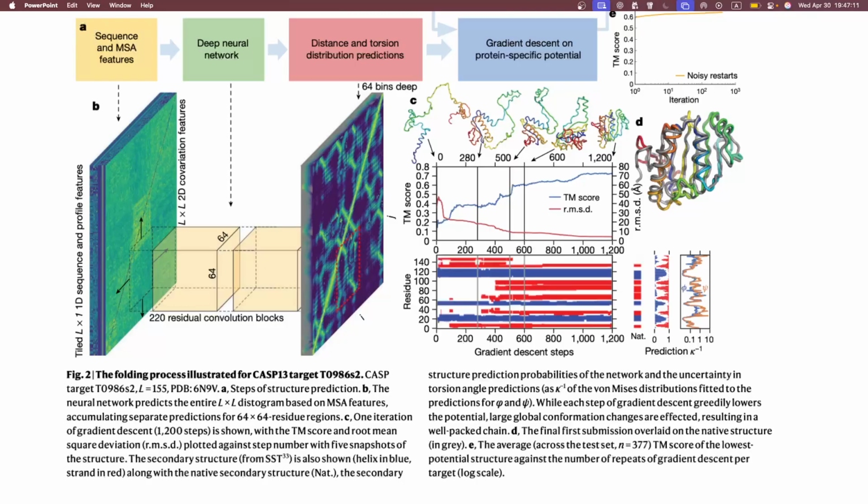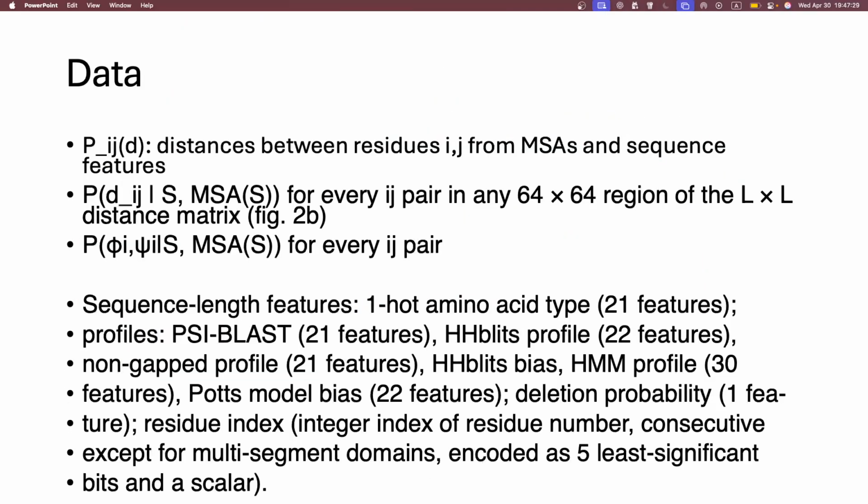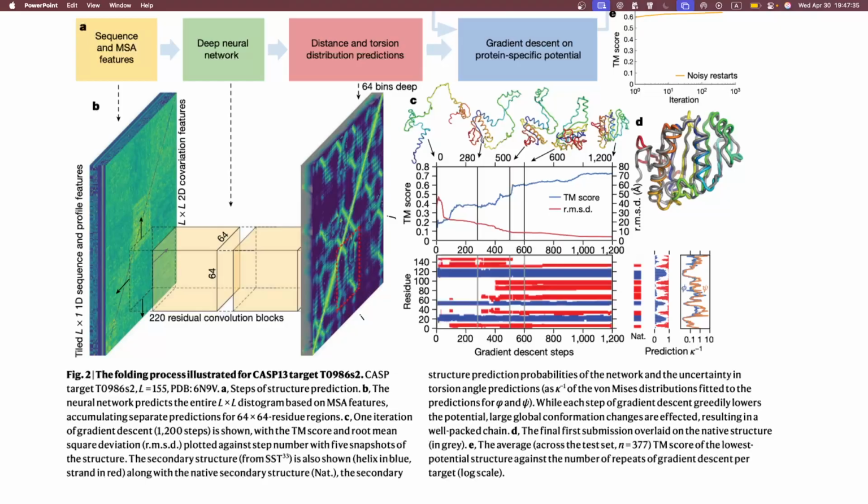So length times length: every single residue in relation to another residue, and then this whole embedding is like 128 deep. The 128 comes from all of this and the sequence length features. Does that make sense? Yeah.